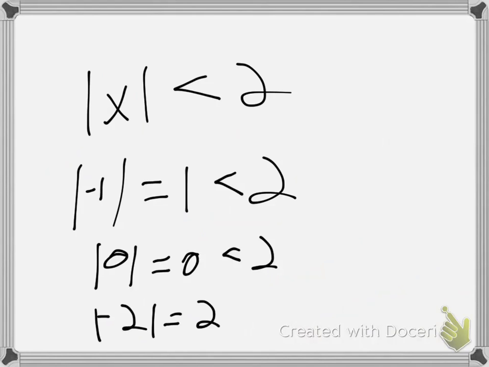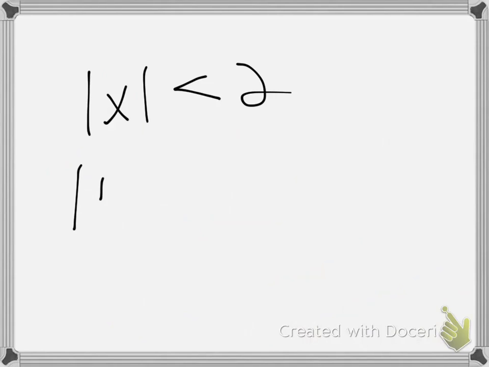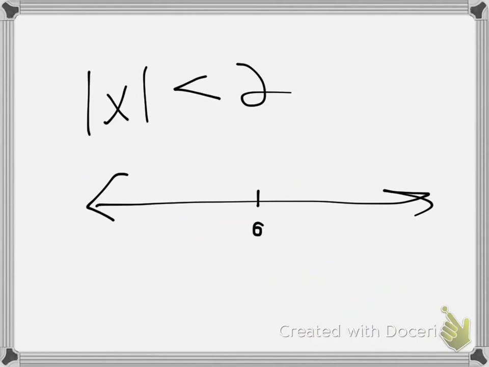Let me show you on a number line what it looks like. Here's 0, 1, 2, 3, and -1, -2, -3. I'm going to circle 2, and this has to be less than 2, so all the numbers less than 2 go this way.